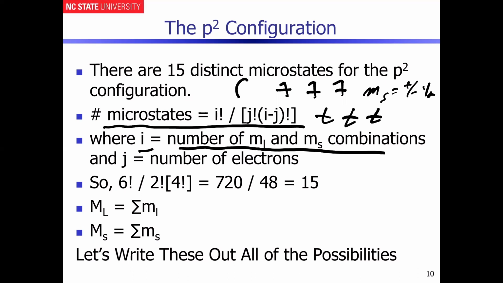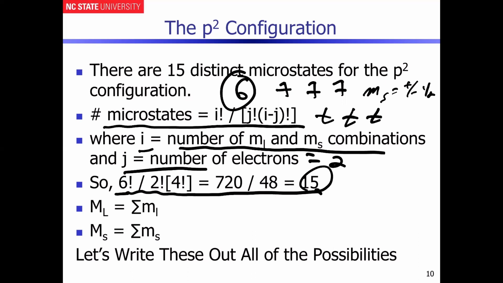And as you can see, that's this number of 6, which comes about here. And then plugging everything else in, we also know that the number of electrons here is 2. So if you do the calculation, you'll see that lo and behold, there are 15 microstates. And we're going to write them out anyway.